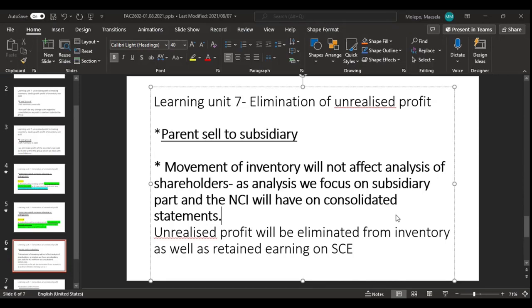Remember, the parent's figures only show when we are doing the consolidation. It doesn't have any effect on the analysis of shareholders. So in our case, that unrealized profit we're not going to show anywhere in the analysis of shareholders because the parent is selling to the subsidiary. The movement will only happen on the NCI as well as on the retained earnings on the statement of equity.